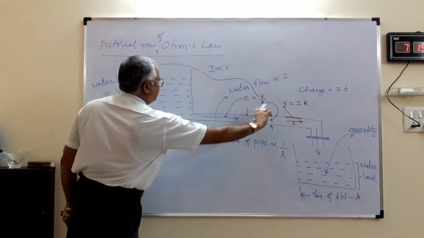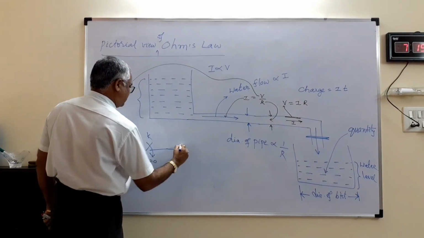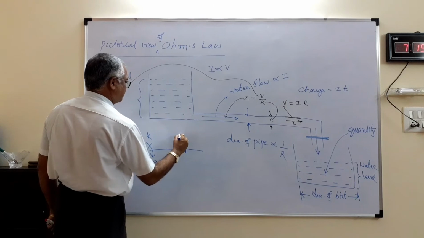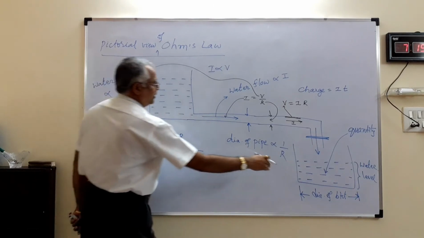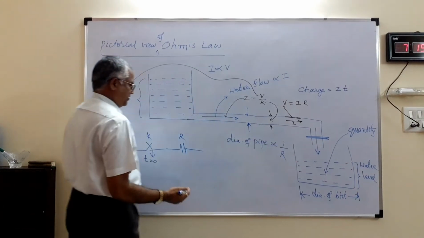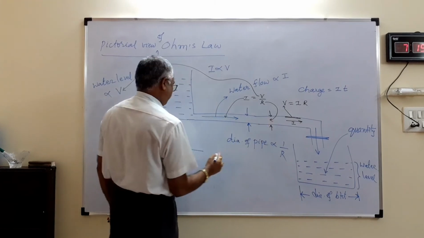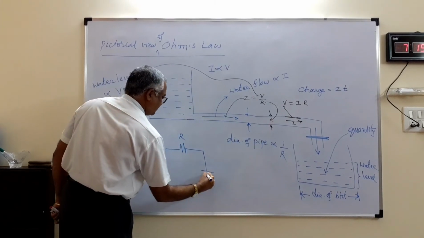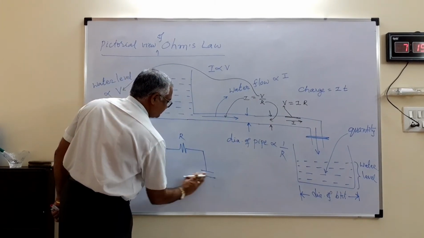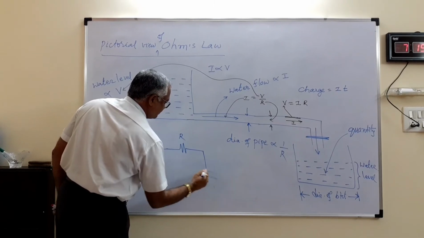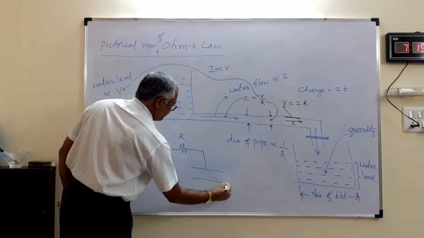Now this is a pipeline, which will have a resistance, so a resistor. And this container, the bucket, is a storing element, so I am replacing it with a capacitor. So I have a capacitor.